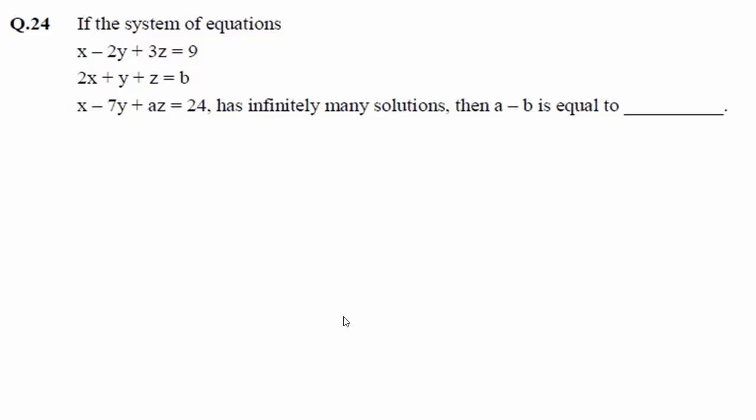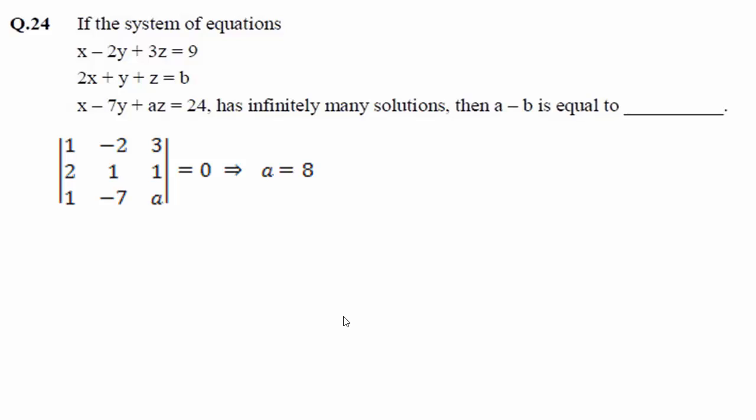Question 24. The system of equations x - 2y + 3z = 9, 2x + y + z = b, x - 7y + az = 24 has infinitely many solutions. Then a - b equals? The determinant of the coefficients (1, -2, 3), (2, 1, 1), (1, -7, a) equals 0.